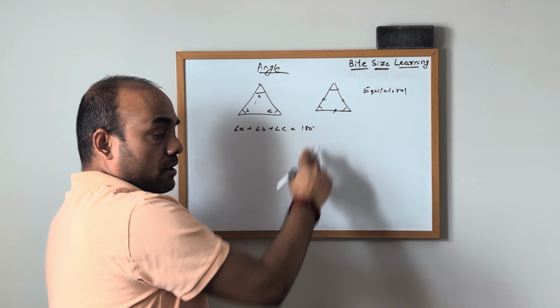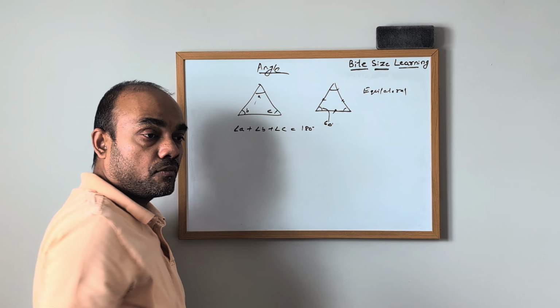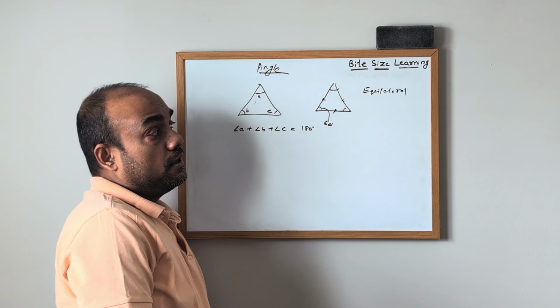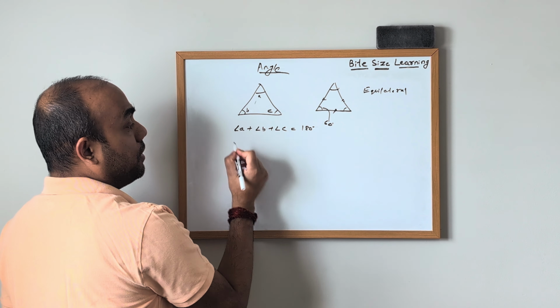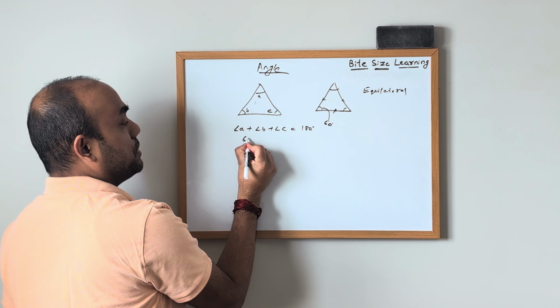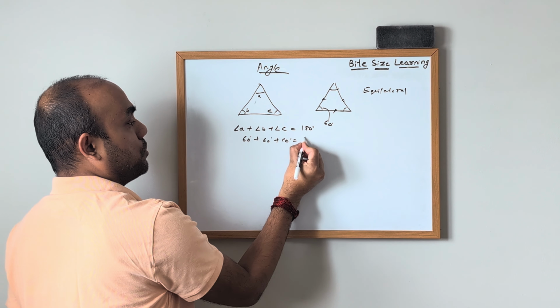In an equilateral triangle, each angle is equal to 60 degrees, right? So now if you use this formula, the sum of all the angles in an equilateral triangle is 60 degrees plus 60 degrees plus 60 degrees, which is equal to 180 degrees.